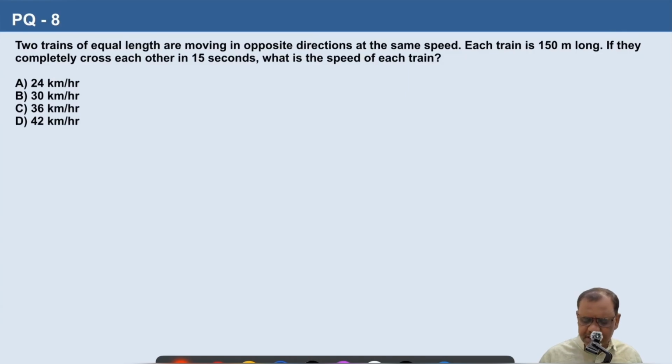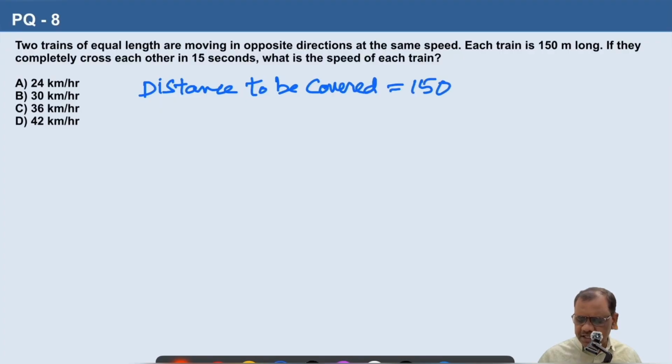So the distance to be covered will be the sum of the lengths of the trains, 150 plus 150, which is 300 meters.